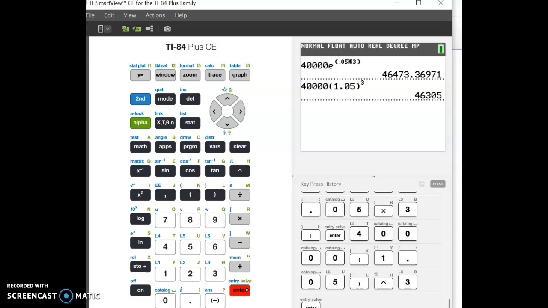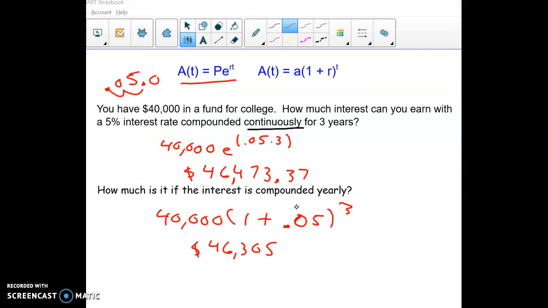You can see they're pretty similar, but it's actually at least $100 more, maybe $170-some dollars better to do the continuous version. So looks like the continuous is a little bit better off.